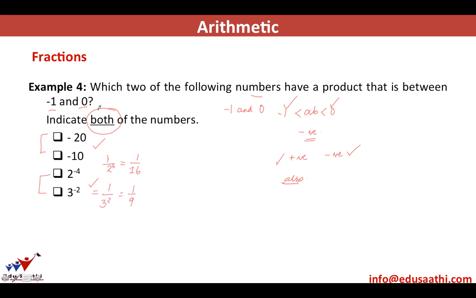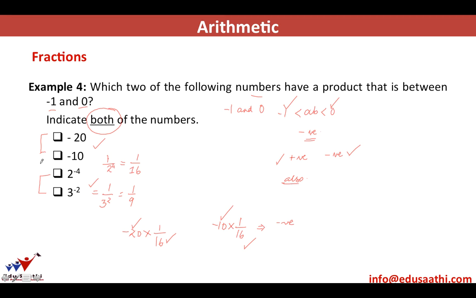So if I just multiply minus 20 into 1 by 16, it will be a number which is more than 1 in terms of magnitude, because the numerator is more than my denominator. If I look at the other one, which is minus 10 into 1 by 16, this will give me an answer which will be negative, and the magnitude would be less than 1, because my numerator is less than the denominator that I have.